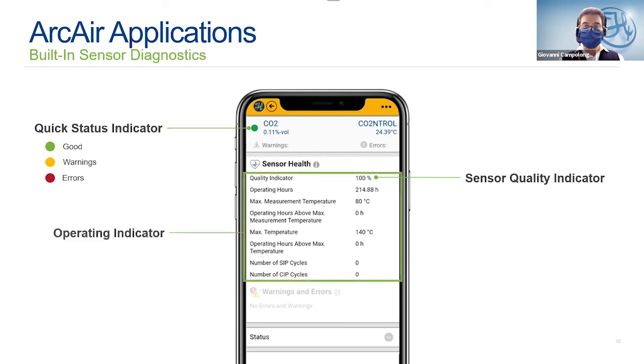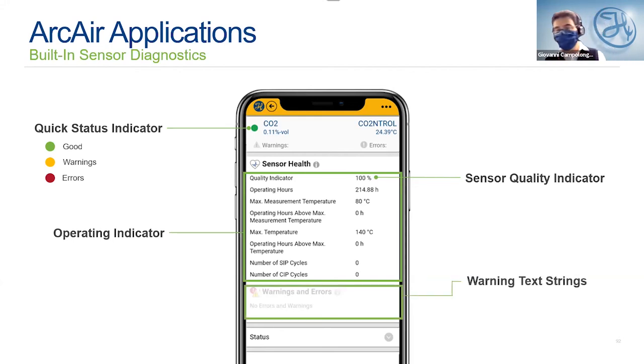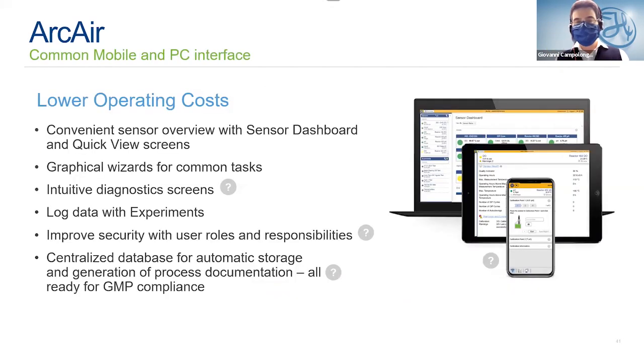Otherwise, I get a warning message. And you have all the values that you may want to use in order to keep monitoring the diagnostic status of your sensor. Again, the bundle of ARC Air plus control makes your sensor ready for use in the market, not only at R&D scale, but also in pilot, and moreover in production scale.